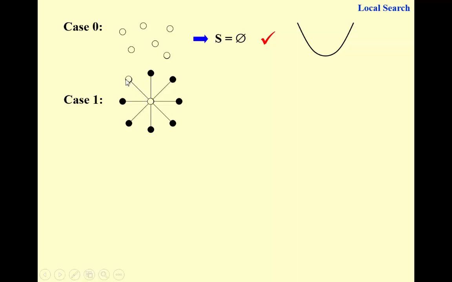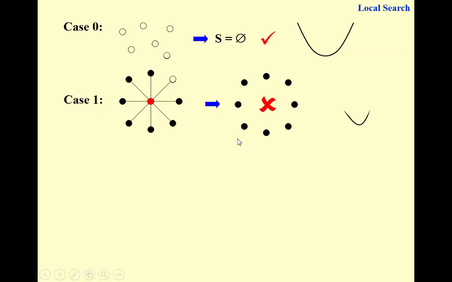So that's impossible. It's no longer feasible. We can't delete this one, not this one, not this one. And when we finish testing all the vertices, we're going to end up at the solution like this. This is certainly a local optimum, but far from being the global optimum. So this is not the right solution, where the global optimum is actually the central vertex, right?